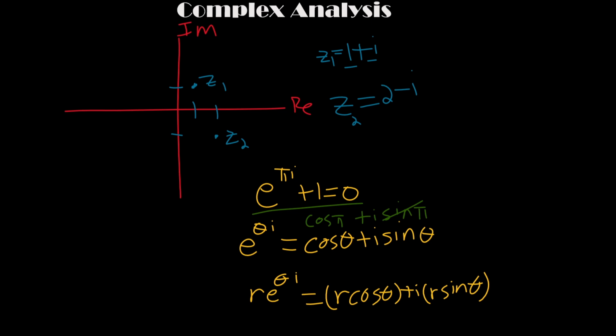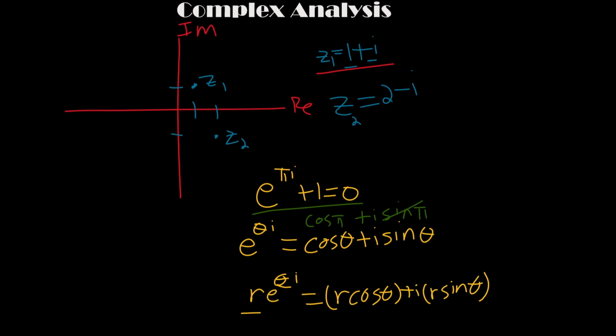And then you add in the r, and you can increase and decrease the radius of that circle. This is, in a way, a form of polar coordinates, because we have our r right here, our radius, and then we have our theta right here, how much we're deflected from our positive real axis, in this case. So say we want to express z1 in terms of r times e to the theta i.